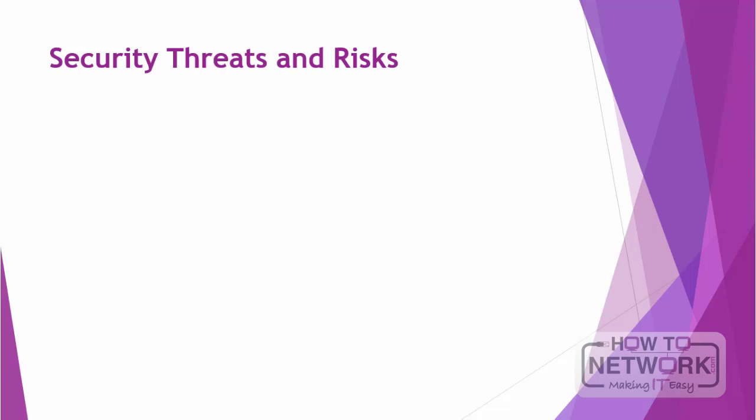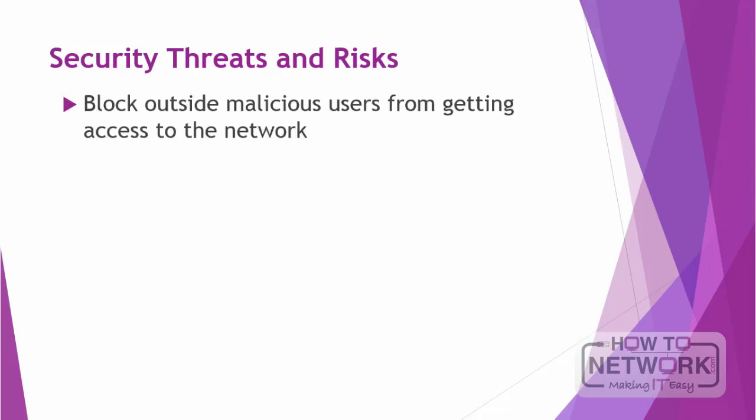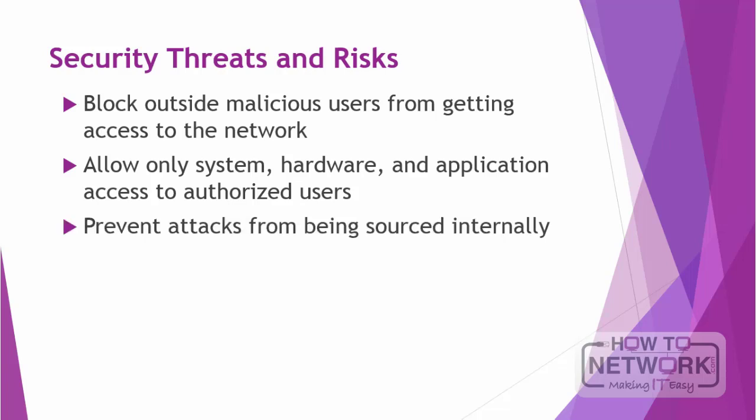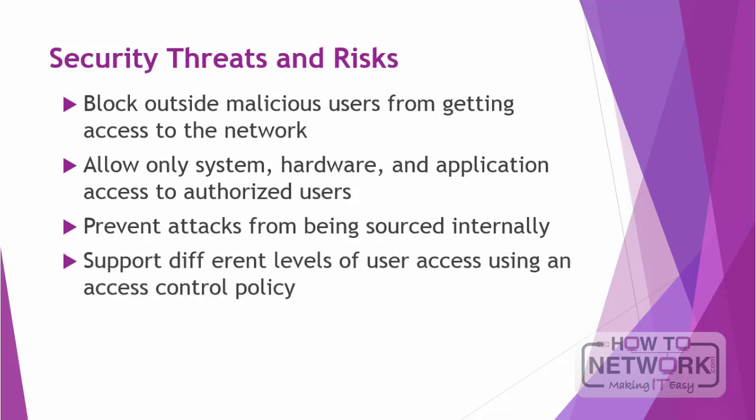A network security implementation must mitigate multiple factors and accomplish the following: block outside malicious users from getting access to the network, allow only system, hardware, and application access to authorized users, prevent attacks from being sourced internally, support different levels of user access using an access control policy, and safeguard the data from being changed, modified, or stolen.